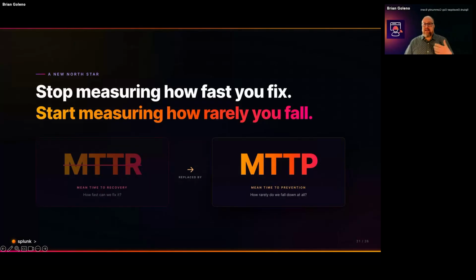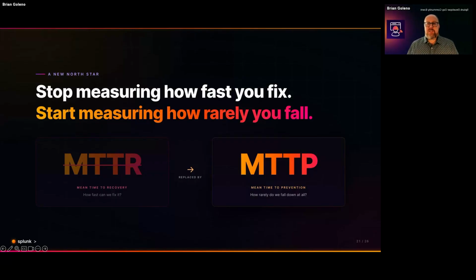The name of the game is now keeping our availability SLA in the green, something that we are all tracked against, whether or not we are in the green or in the red with that all critical metric. We no longer accept when a service is down. I don't, you don't, our companies don't.